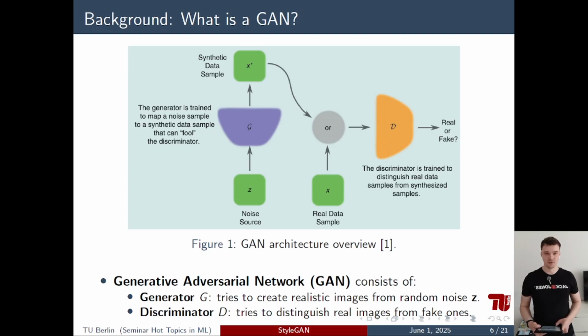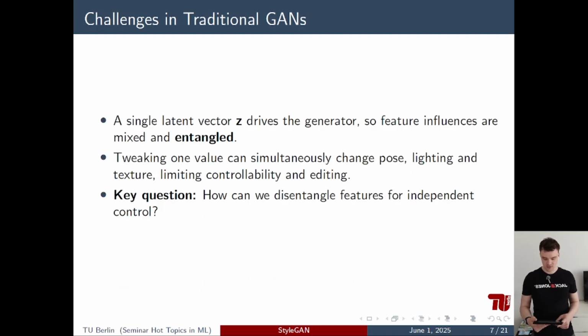And this generator tries to fool the discriminator such that the discriminator thinks, yeah, this image is a real one, where in reality it's a synthetically generated image. And the discriminator tries to distinguish between real images and synthetic images and acts as a loss function, you can imagine. Now, which challenges do we have in traditional GANs?